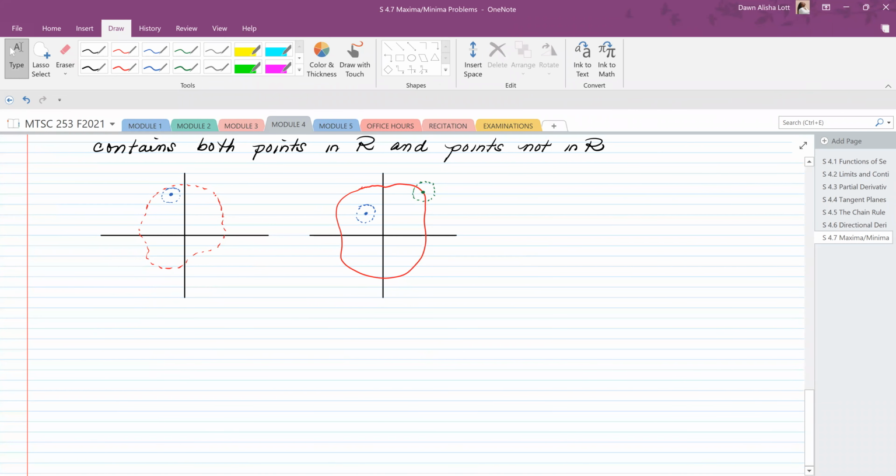All right, so what we want to do is first look at, like we did before, local extreme values on the interior, and then we'll check the boundary.